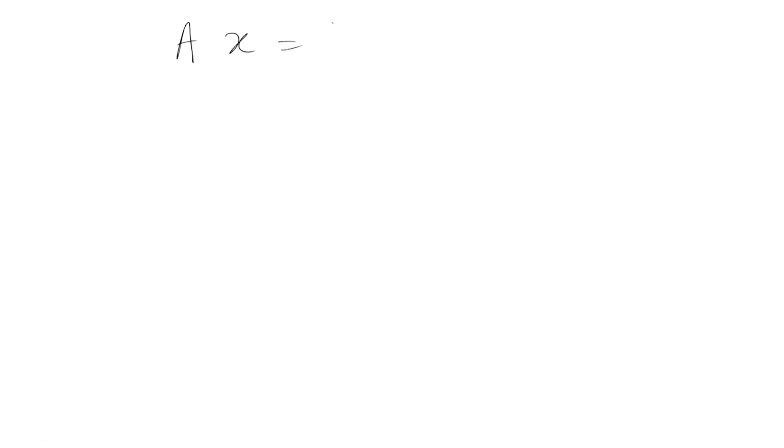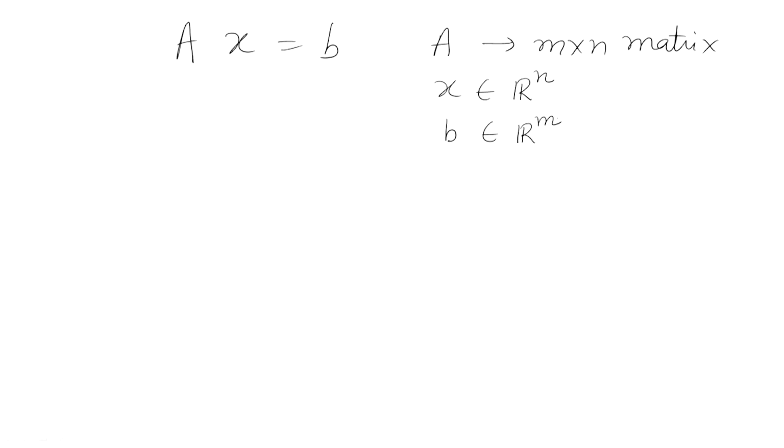You have system of equation Ax equal to b, where A is a m cross n matrix, x is a vector which is in Rn, and b is again a vector which is in Rm. Okay. Now, suppose this system has two solutions, x1 and x2.